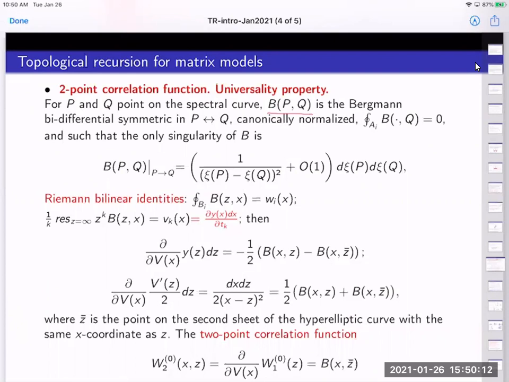And there are famous Riemann bilinear identities: the integral over B cycles of this differential gives exactly the holomorphic differential, and some residue formulas produce the corresponding Krichever-Wisdom differentials.